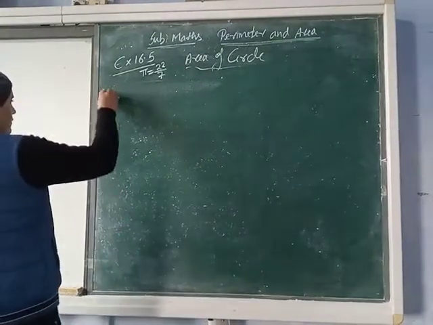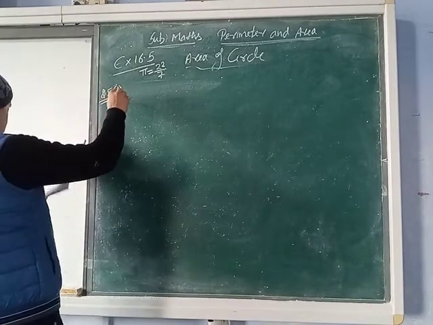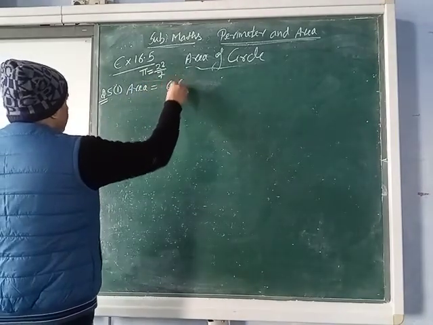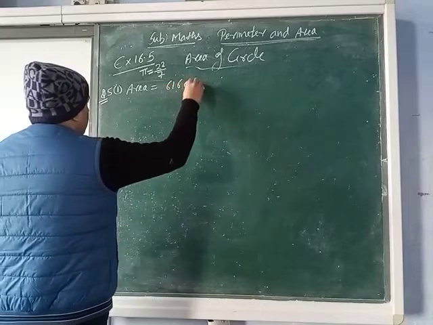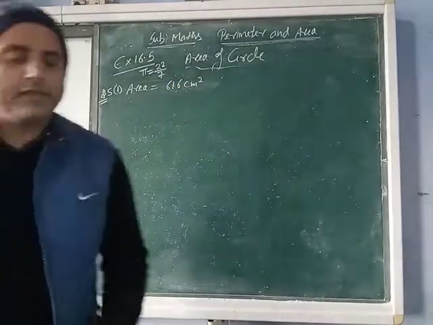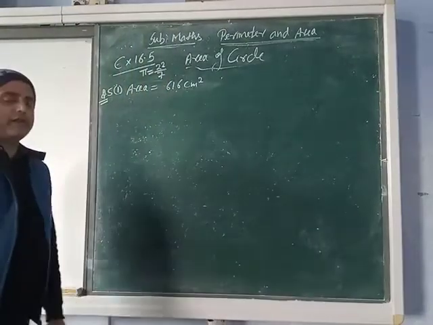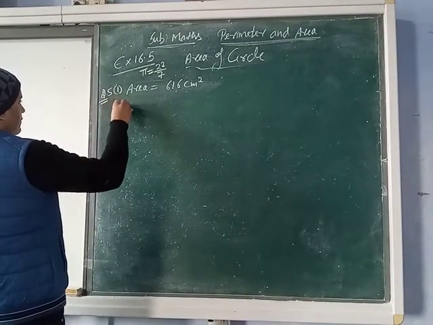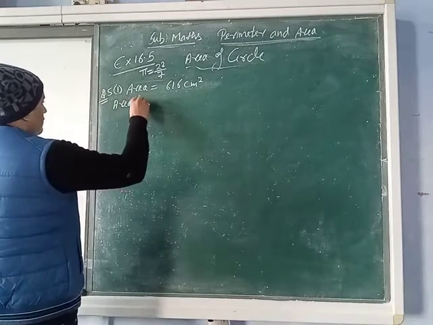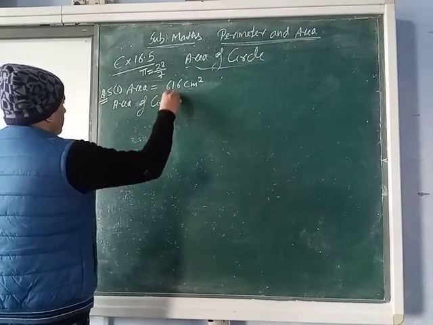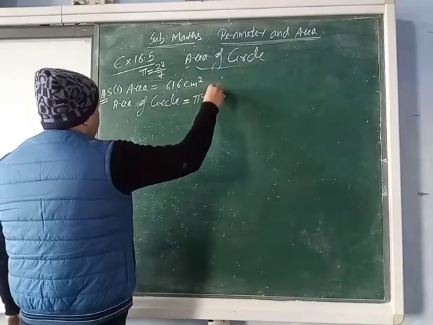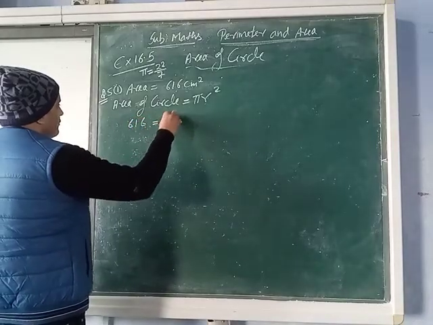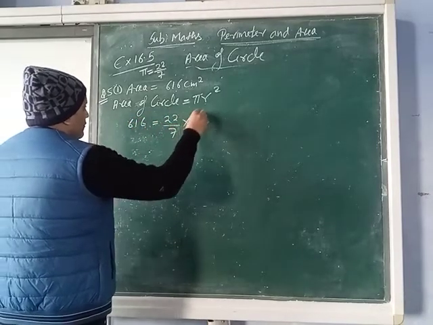First, the area is 616 centimeter square. The area is given, so first we will find the radius, and after that we will find the circumference of the circle. What is the area of the circle? 616 equals pi r square.